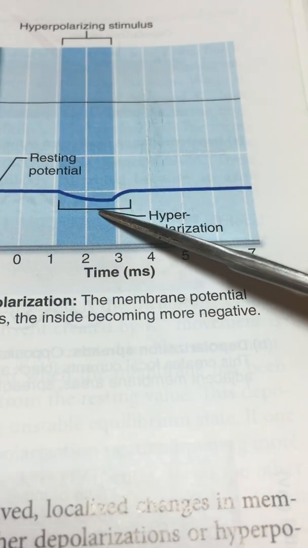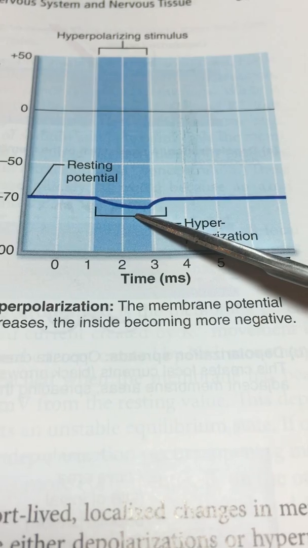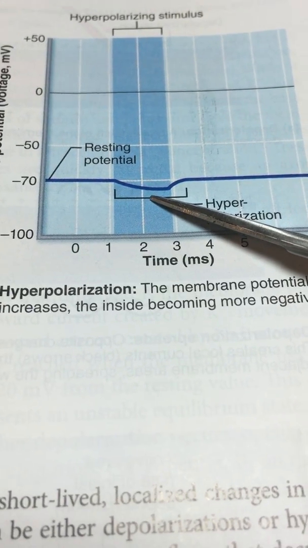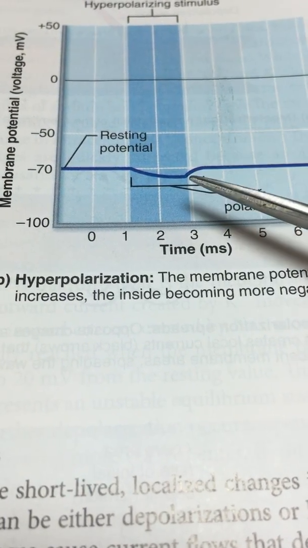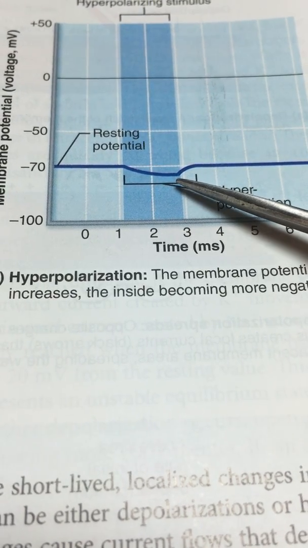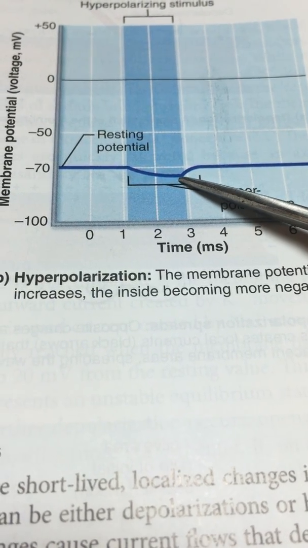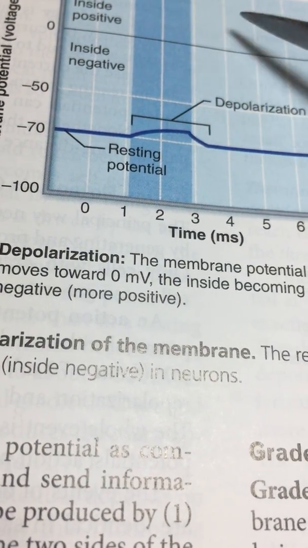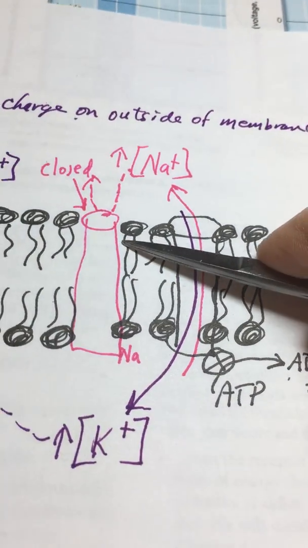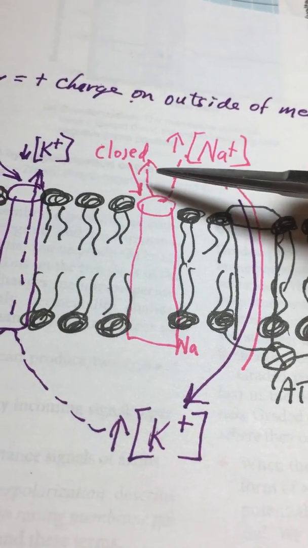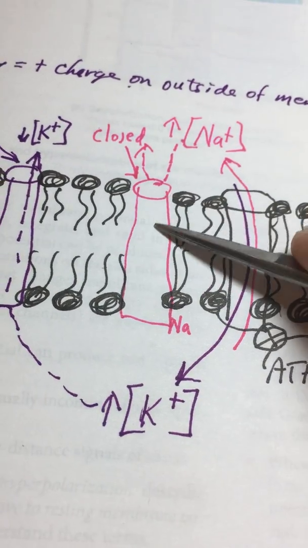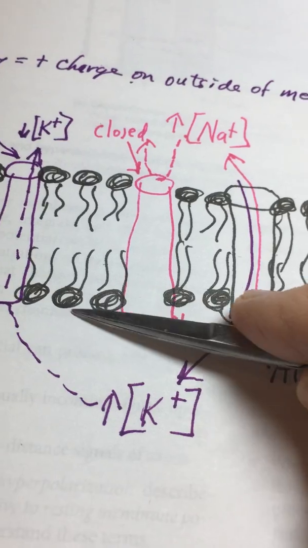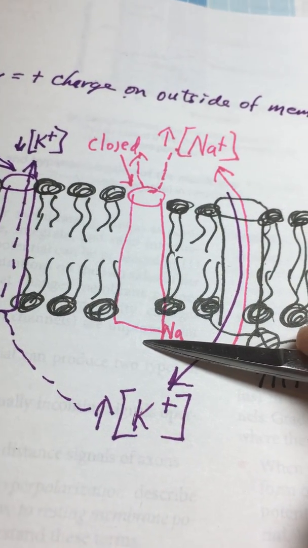Over here, we're noting that there is an IPSP, which is an inhibitory event. In this case, we're allowing the potassium to flow. In this case over here, we're allowing the sodium to flow. And you can see from our diagram that if I open the potassium channel, the positive charge on the outside will flow in and will join a negative charge on the inside.